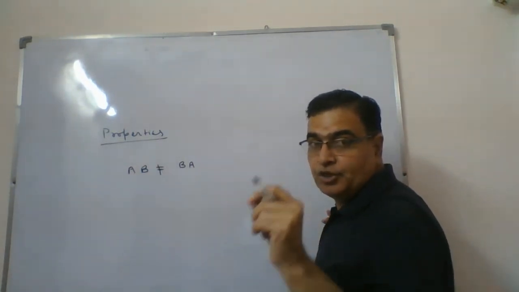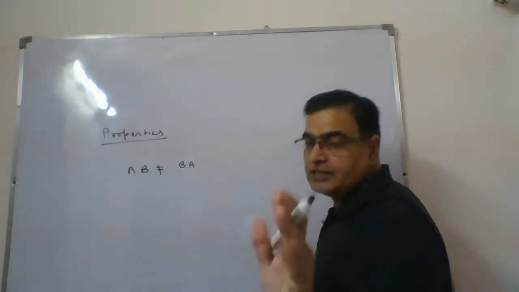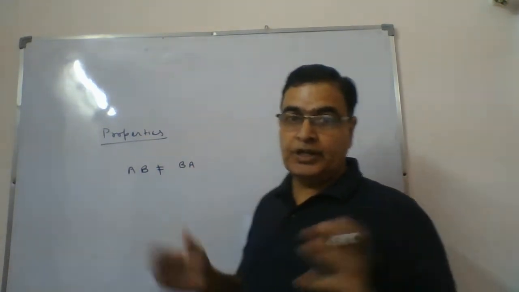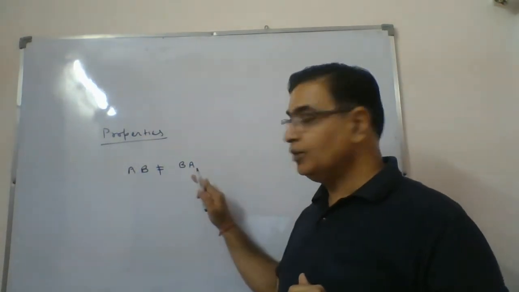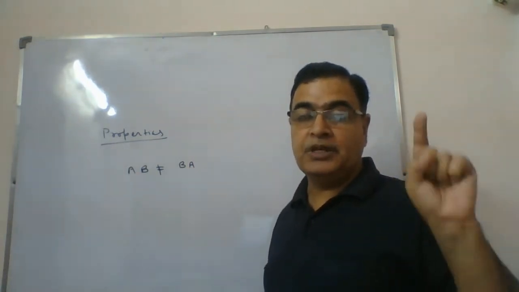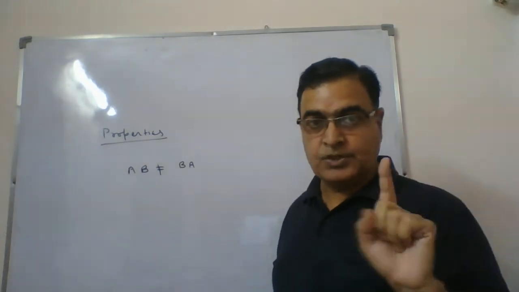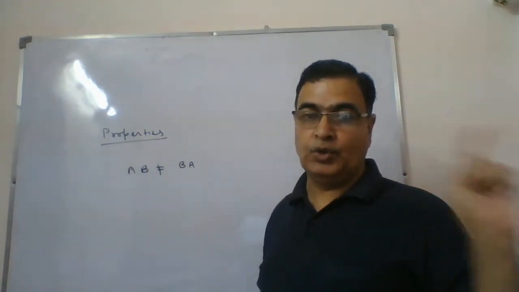That means the commutative property in general does not hold. In a few cases it can be possible, but it's not necessary that it will be valid every time. So we should say AB equal to BA is not possible in general. That is called the commutative property.